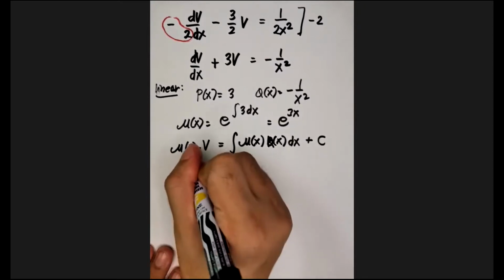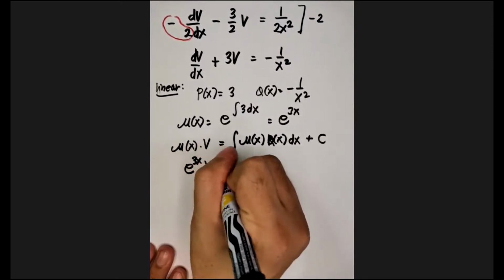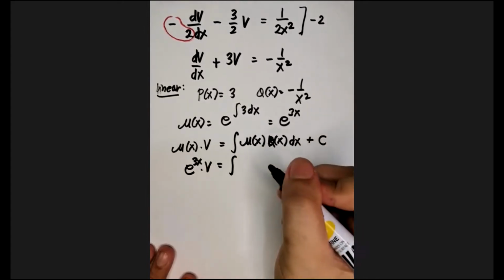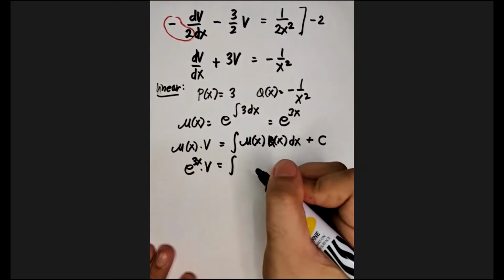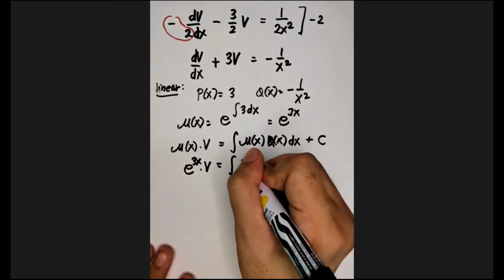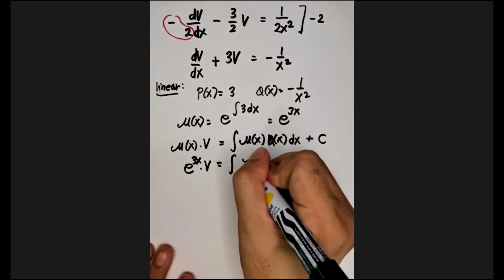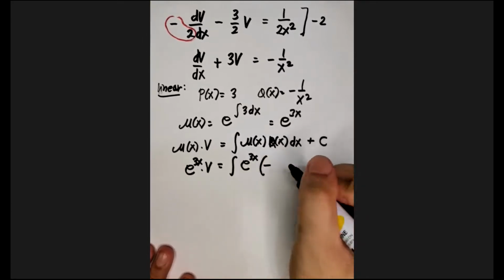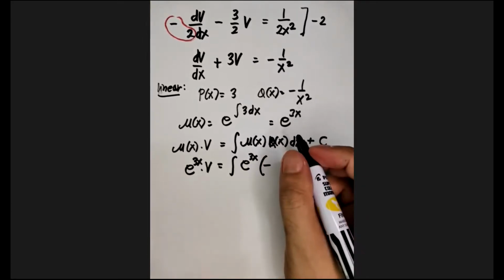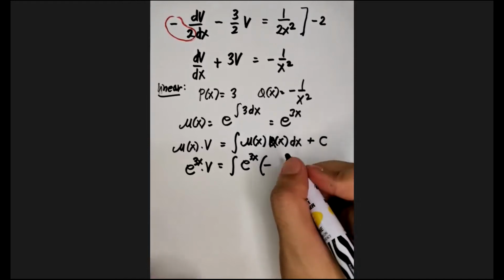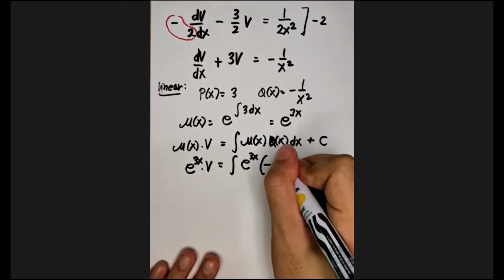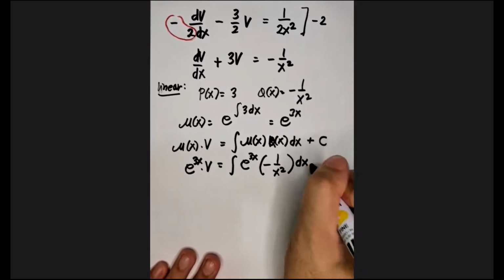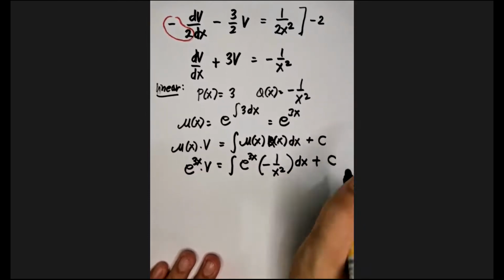That's e raised to 3x times v is equal to the integral of e raised to 3x times negative 1 over x squared dx plus c.